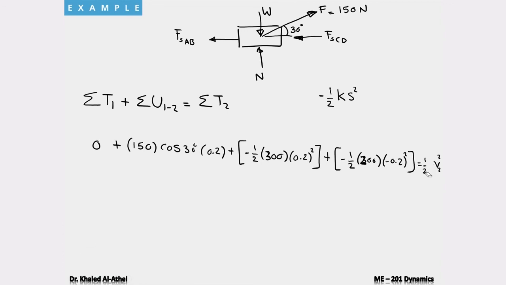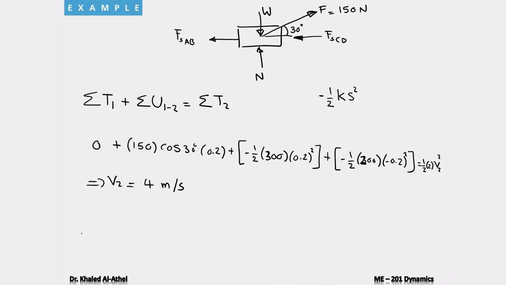So it's going to be half multiplied by the mass, which is 2 kilograms. So half multiplied by 2 V2 squared. If you solve everything, it gives you that V2 should equal 4 meters per second. And this solves the problem.